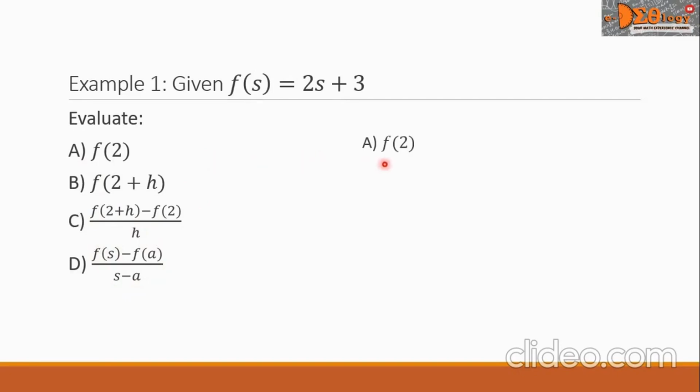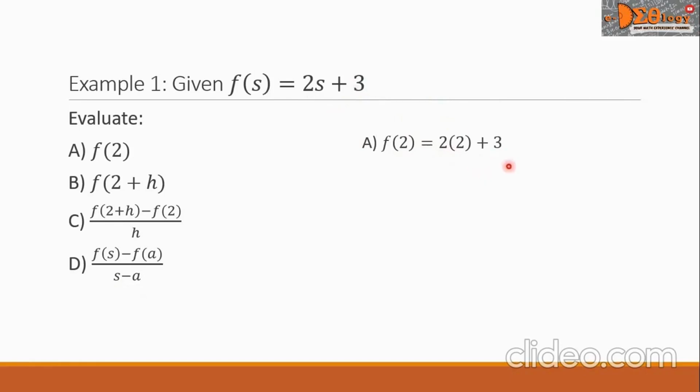Let us evaluate f of 2. To evaluate f of 2, we are going to copy again the given function. We will write here, but instead of s, we will substitute the value that is written here, which is number 2. So 2s now becomes 2 times 2 plus 3.